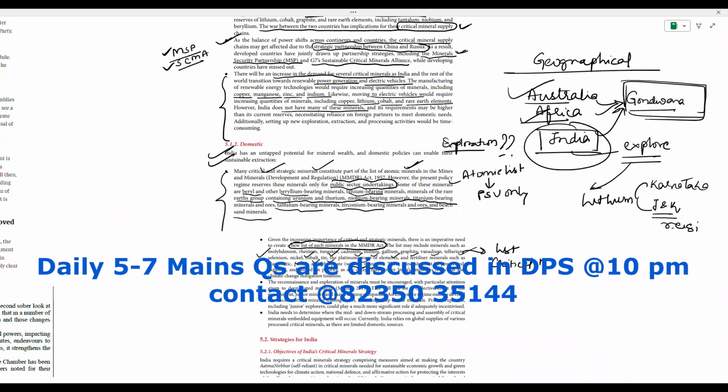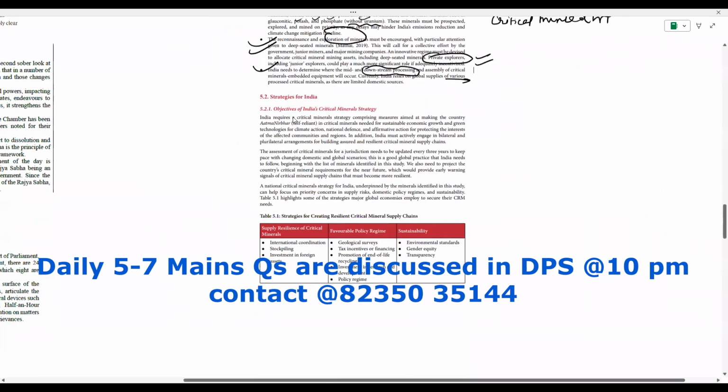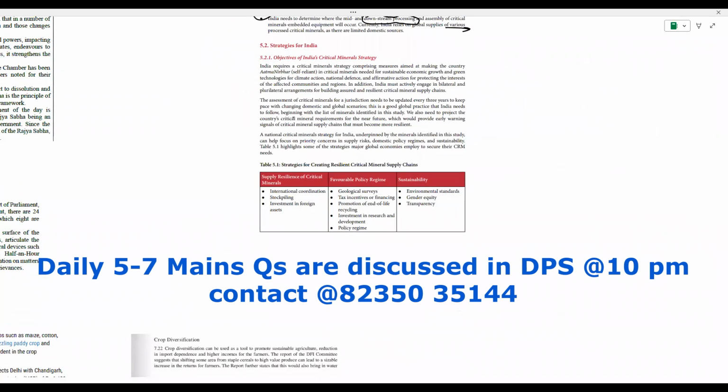Guys, are you understanding this? So more need for exploration, more private sector, more need for downstream processing. Private explorers must be incentivized. Guys, is this clear?